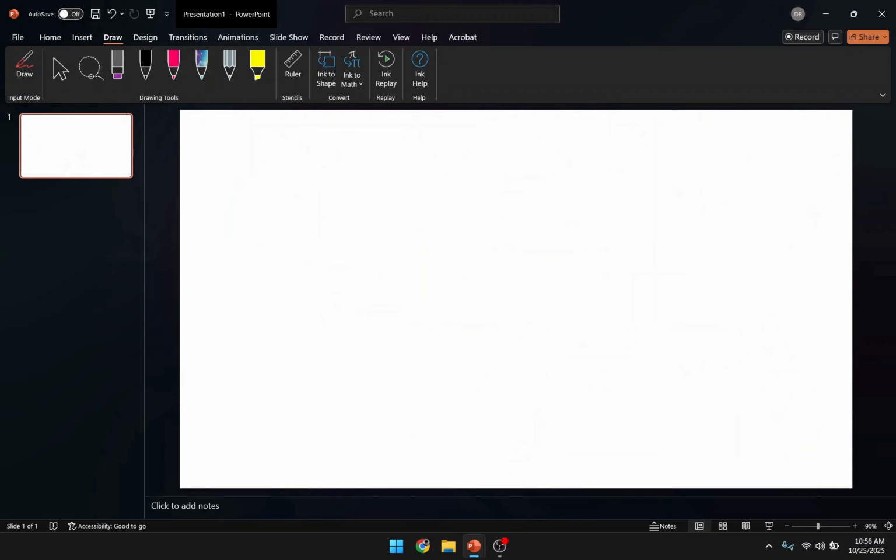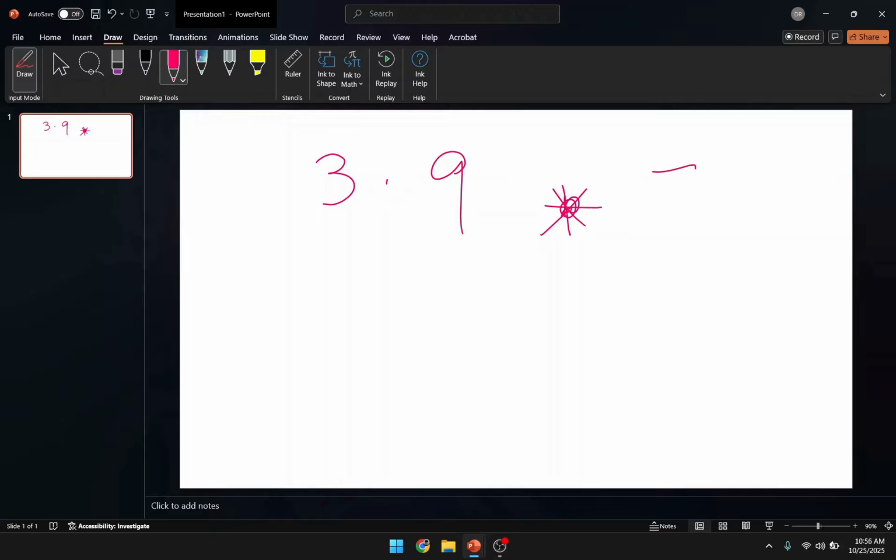Okay, now let's proceed with multiplication. So let's proceed with a simple multiplication of decimals. 3.9 times 7.2.